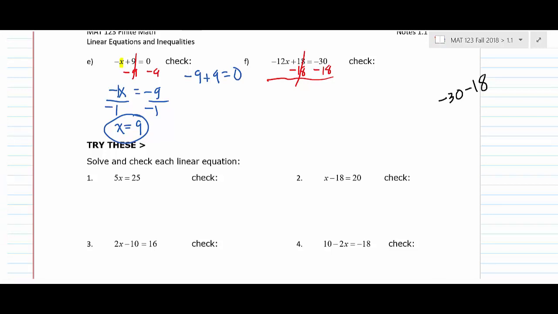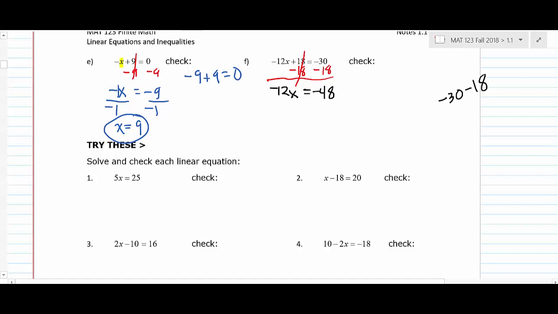Minus 18 is another debt. How much total debt do you have? 48, right? When you have 2 negatives like that, it's just like you're collecting debts. So that's a total of -48. In other words, it means 30 below 0, backwards on the number line, down 18 more. And you may have to review some of that, I don't know. So that's -12x equals -48. Okay, then what?